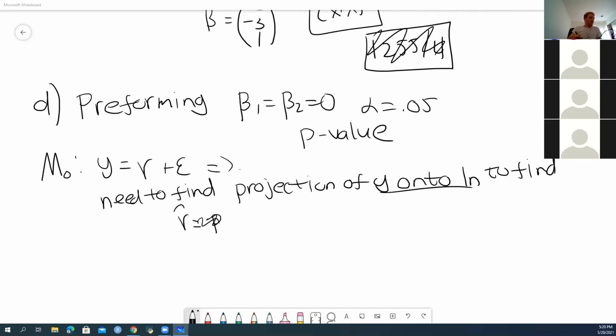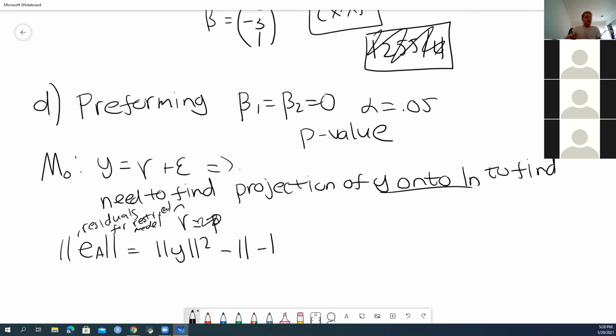Then we want to find the residuals, EA, the residuals for the restricted model, which is going to be the same as above. It's going to be the sum of y squared minus the sum of negative 1n squared.